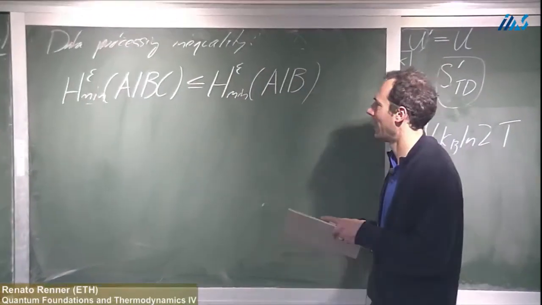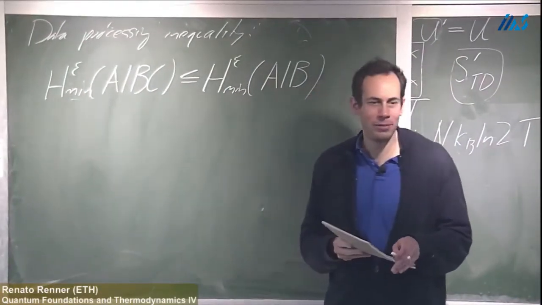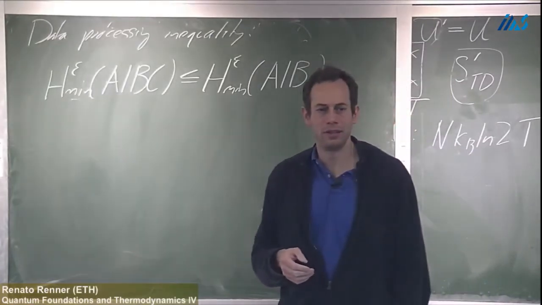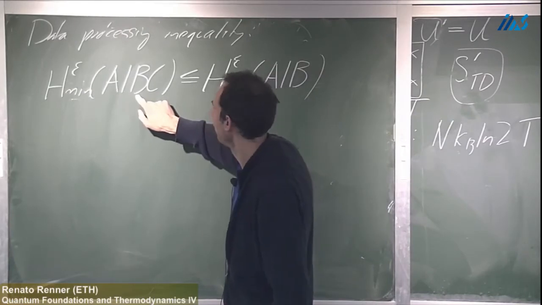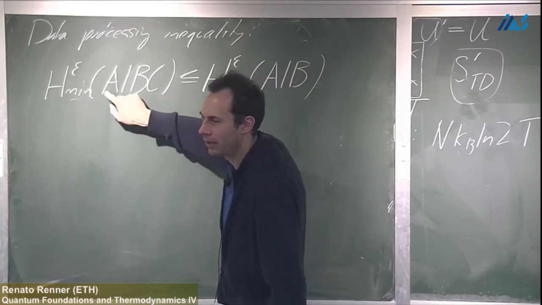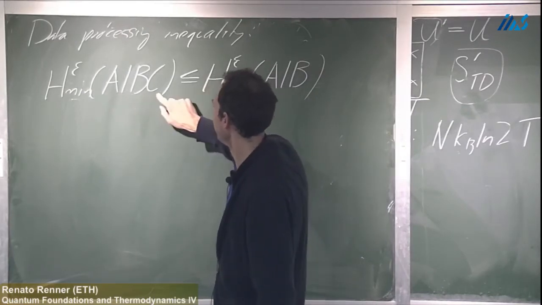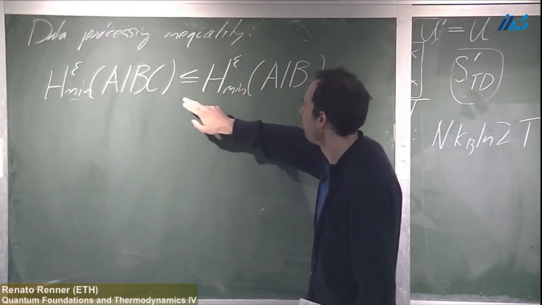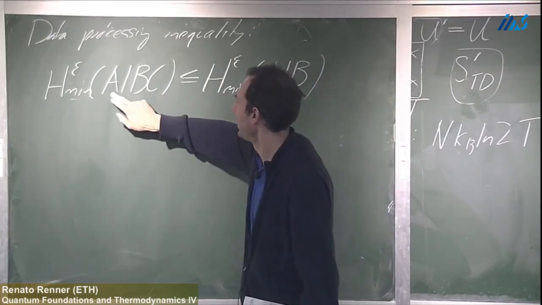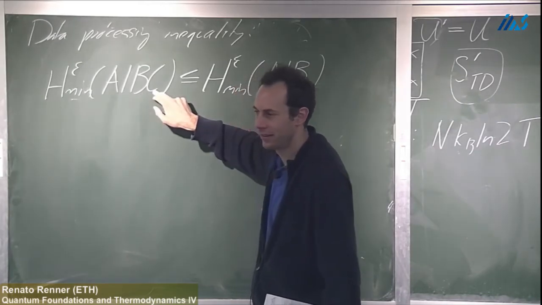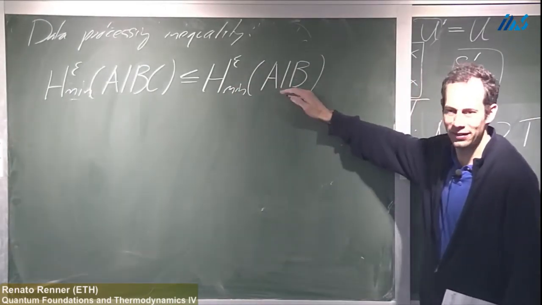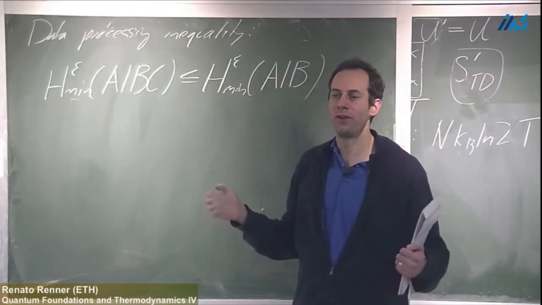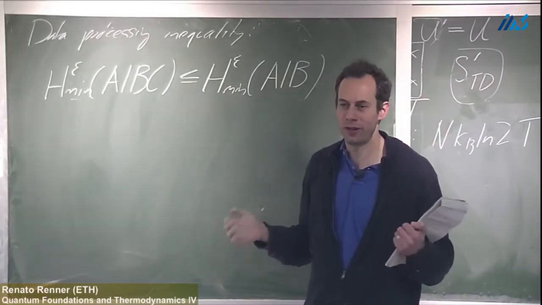Why is that natural? The intuition about the entropy is that it should tell you how uncertain you are about A when you have access to this. But clearly, you should be less uncertain about A if you know B and C compared to a situation where you only know B. In other words, your uncertainty cannot decrease if you forget something.